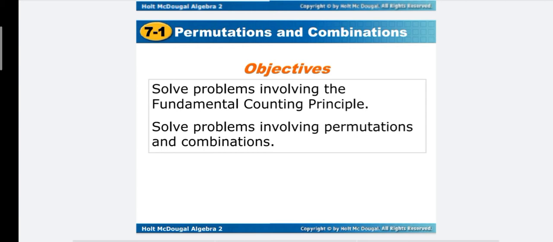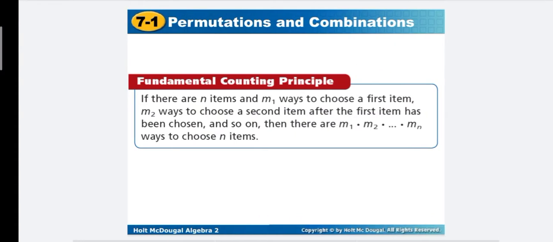The words permutation and combination, you are familiar with them from your previous lesson, maybe in matrix or secondary school. Okay, so what is the fundamental of the counting principle? This is the theorem of the counting principle.